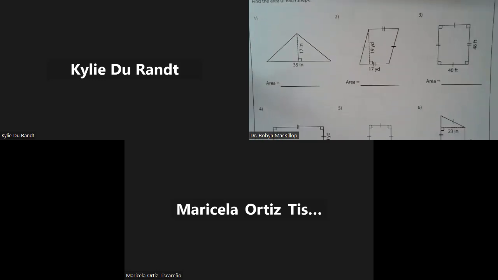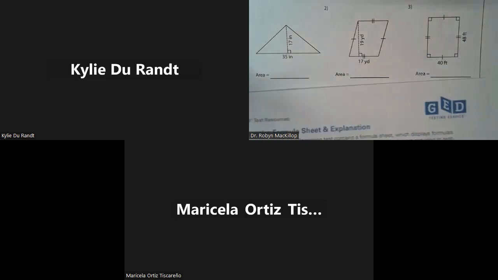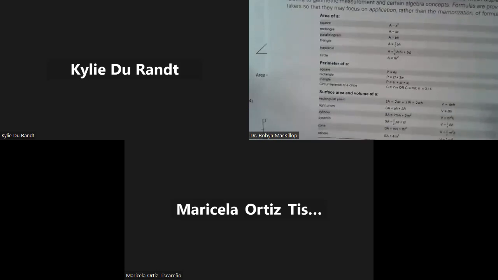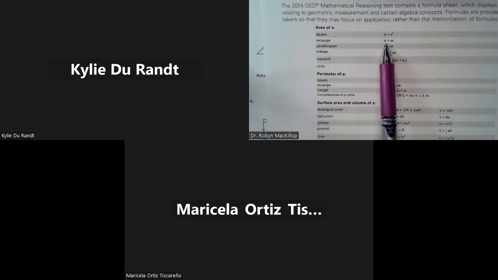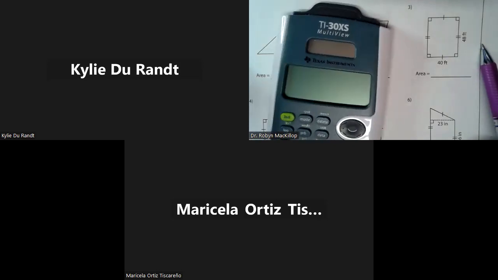Okay, so let's take a look at number 3, the rectangle. We're looking for the area, and the area of a rectangle is just length times width. Not bad at all. So in this case, we've got 40 times 48. Let your calculator do the work. It's just a little more concise and a whole lot faster than doing it by hand.